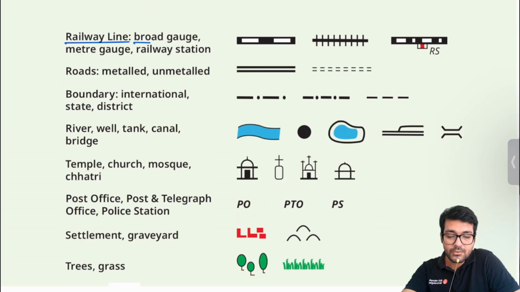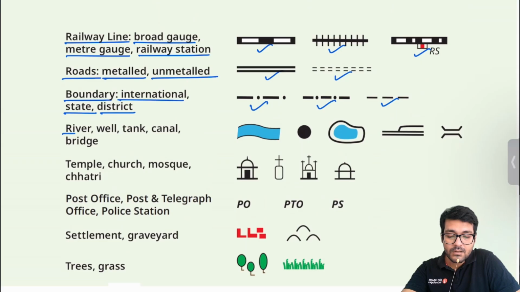Railway line, broad gauge, meter gauge, railway station. Roads, metalled, unmetalled. Boundary, international, state, district. River, well, tank, canal, bridge.